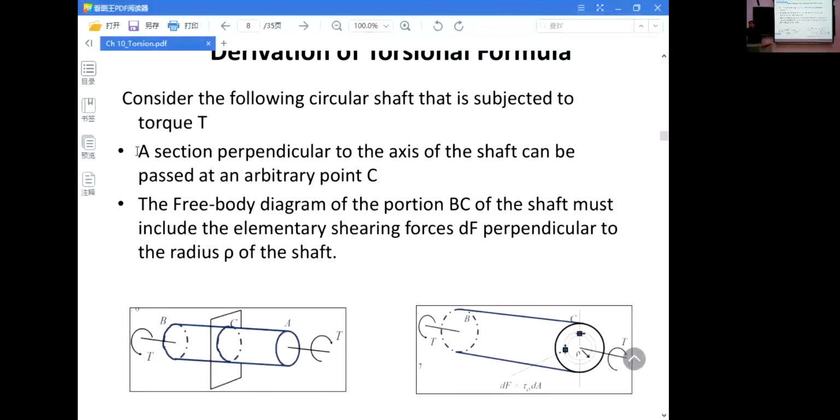Actually, in engineering practice, almost all shafts are circular, 99.99%. A section perpendicular to the axis of the shaft can be passed at an arbitrary point C. It means we get a cut.